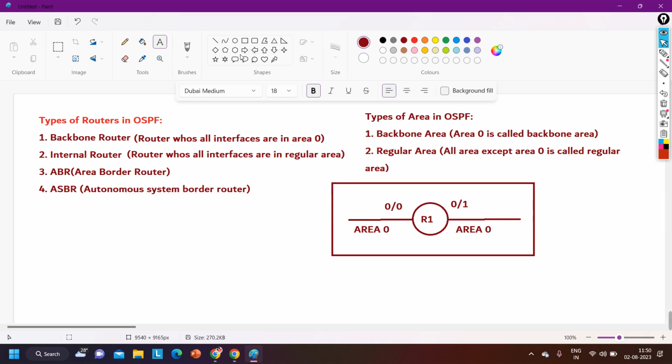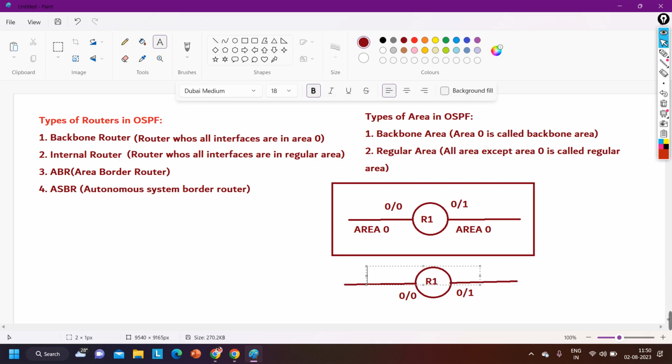So now again I have one router and this time this router has again two interfaces. R1, this is 0/0, this is 0/1, and this is in area 1.